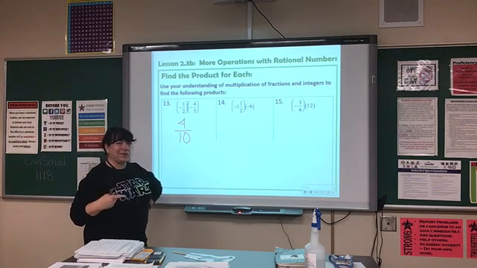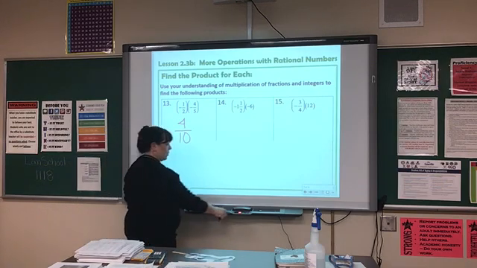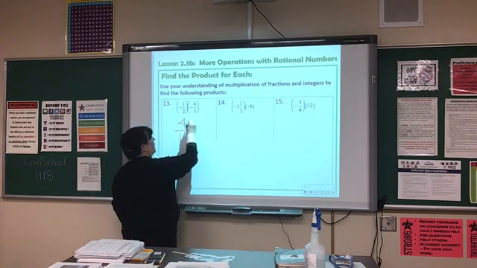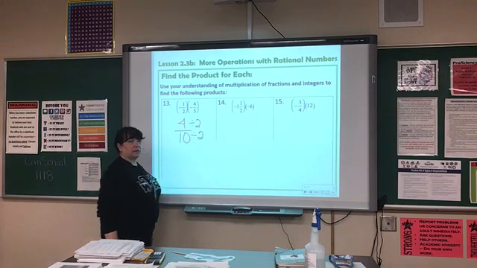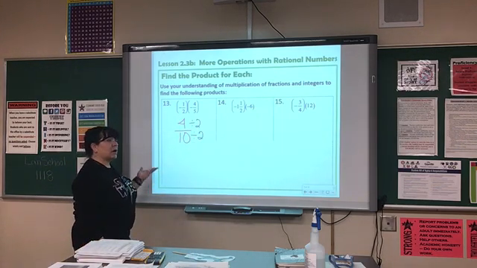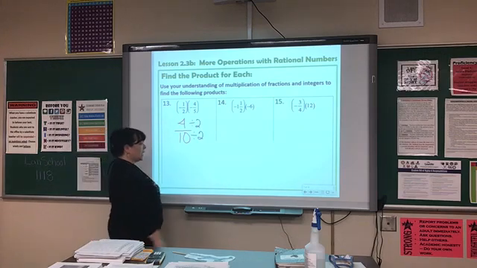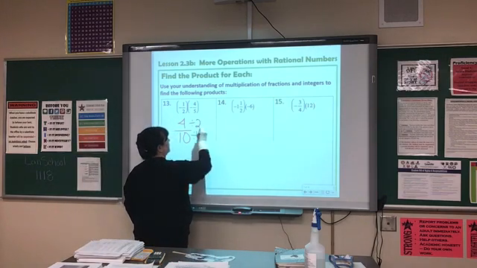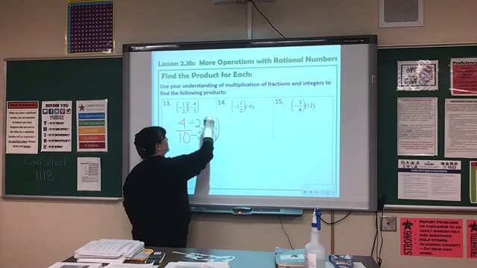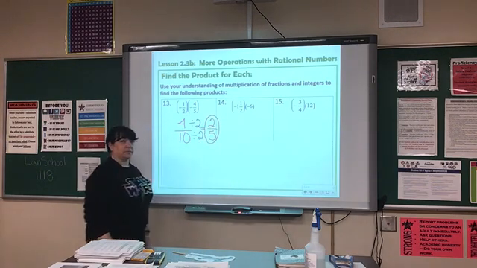I can't have an even number on top and on bottom. They can both be divided. So I'm going to divide them both by 2. All even numbers divide by 2. And when I do that, I end up with the fraction 2/5.